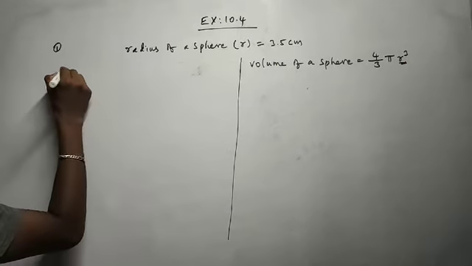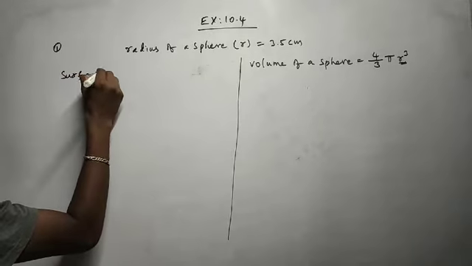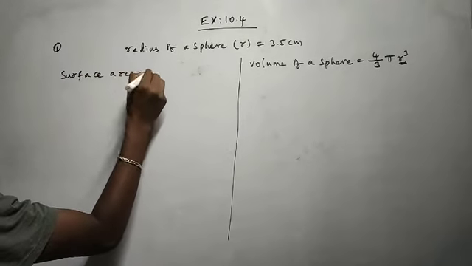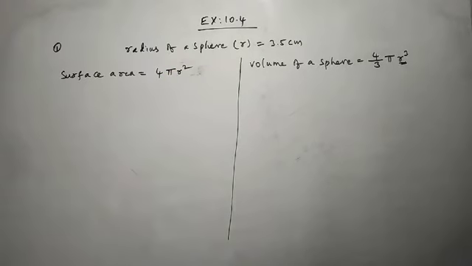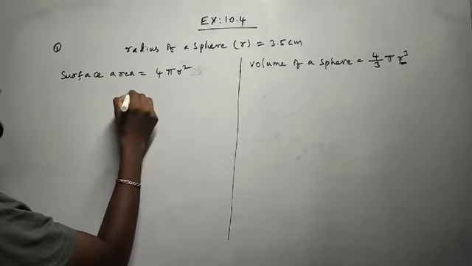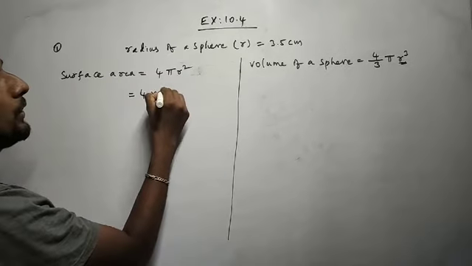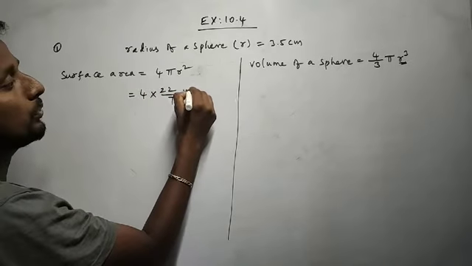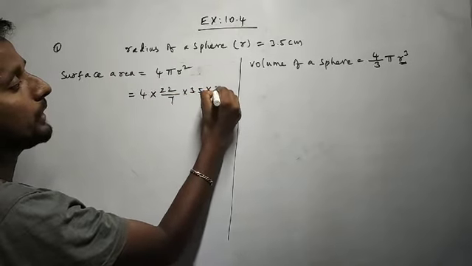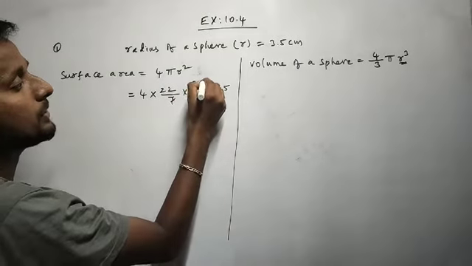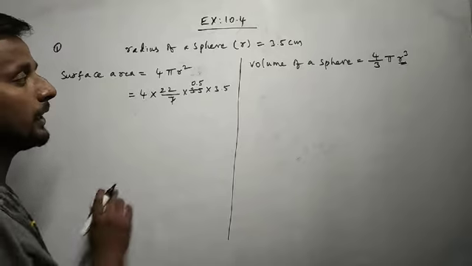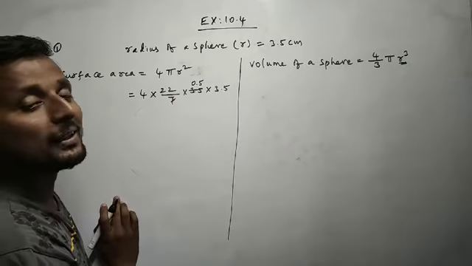Next, surface area. Surface area formula is 4 pi r square. Now 4 into pi value 22 by 7, r value 3.5 into 3.5. 7 ones are 7, 5 sevens are 35, so we have written 0.5. 0.5 is nothing but half.